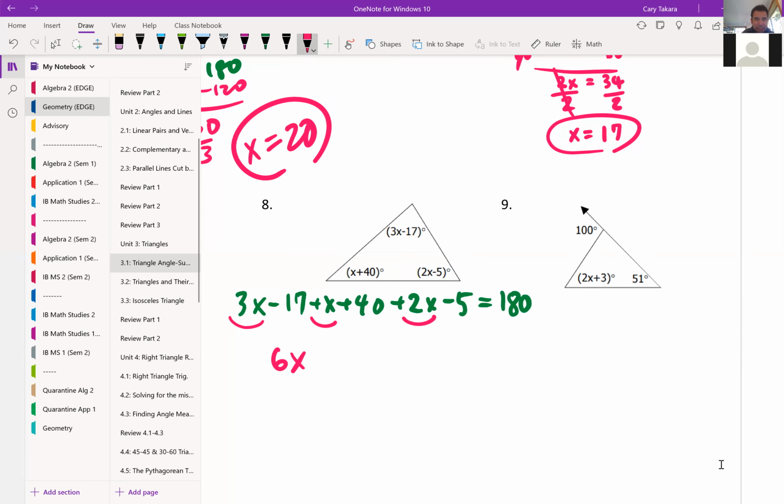And then we've got negative 17 plus 40 minus 5. That's 23 minus 5. That's 18. So you've got 6x plus 18 equals 180.